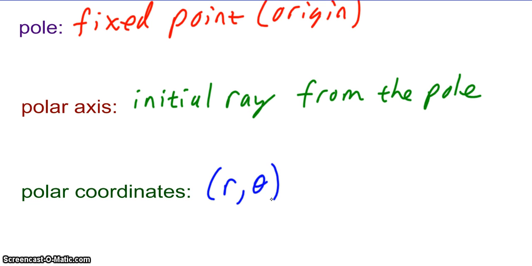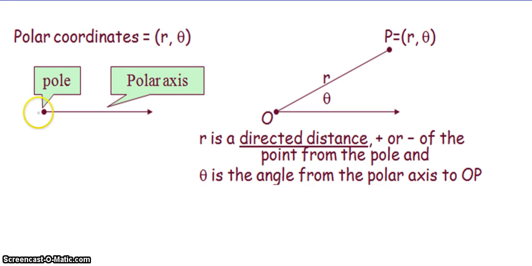So let's look at a picture of this. So this would be like your x and y, but instead of x and y we have r theta. So here's a pole. This would then be the polar axis. We have polar coordinates r theta. So for example, if O is our pole and this is our polar axis, this would be our angle theta, and this would be the distance r.